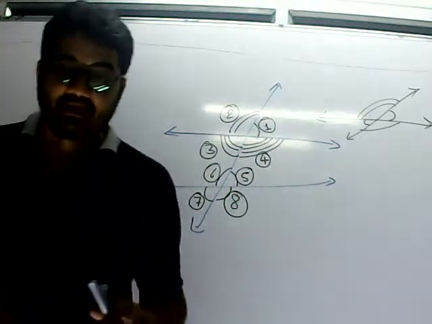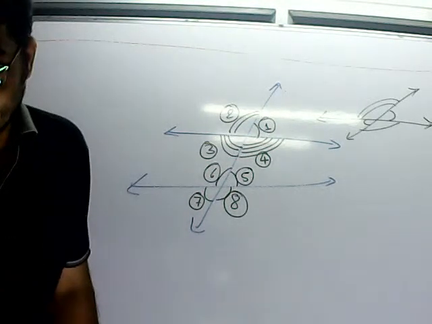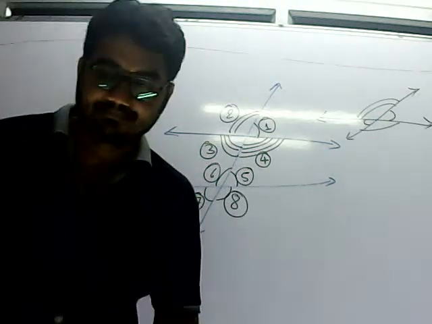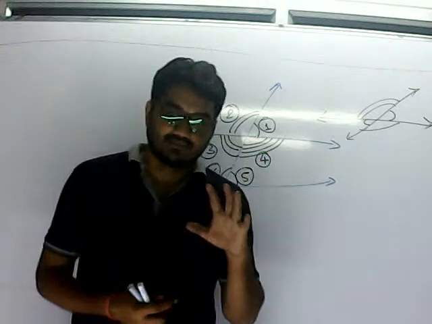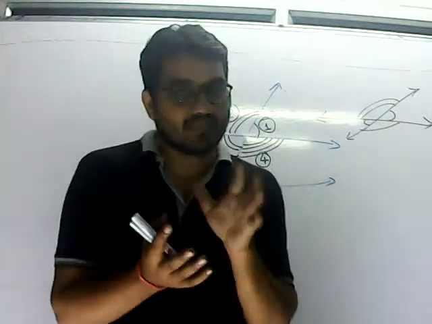Okay. Now this is the property of the angles. Now let us have the names of these angles. What is the name of this angle? So there are some interior angles, some exterior angles.